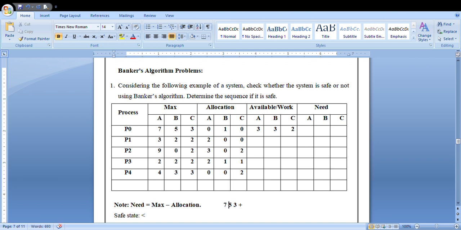Don't consider it as 753. These three are different values. 7 is the value for resource A. 5 is the value for B resource. 3 is the value for C resource. Considering there are 3 resources A, B, C, this is the value for those resources.